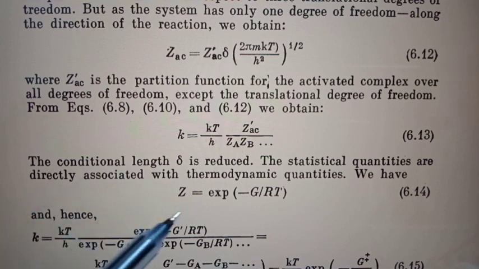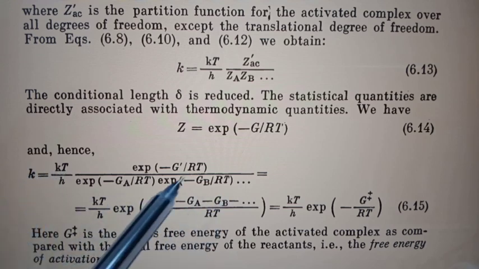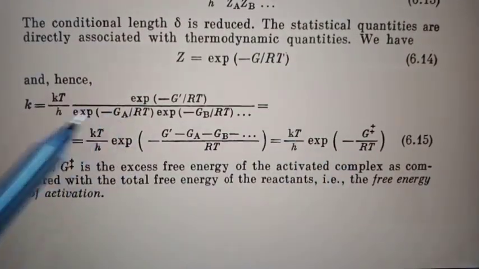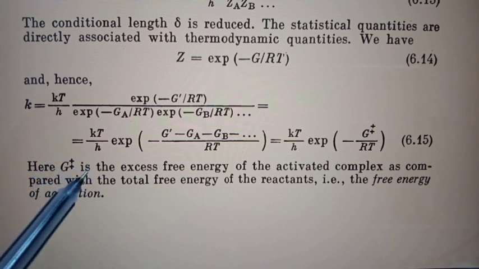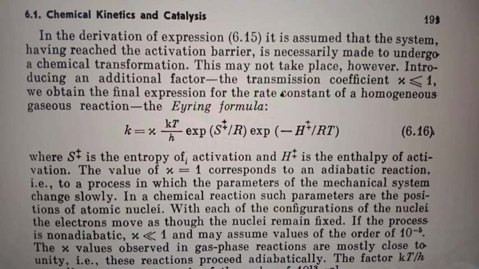We have this equation, and hence our result is here. G is the excess free energy of the activated complex as compared with the total free energy of the reactants, i.e. the free energy of activation.